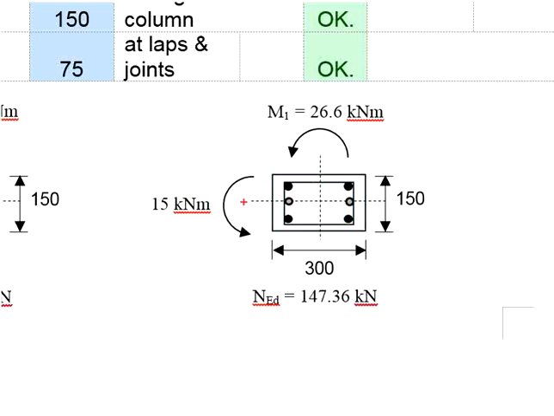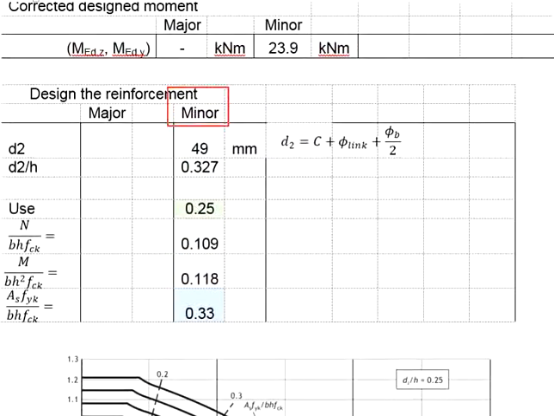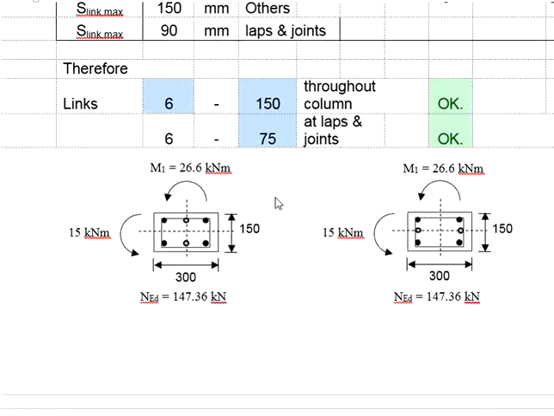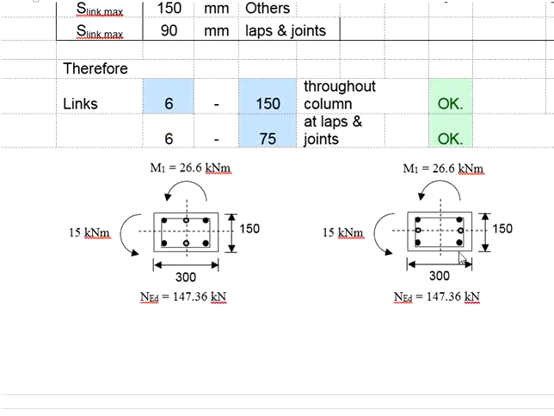But if we look at the minor axis, the equivalent amount of reinforcement bar will only be 4H12. That means this arrangement is not applicable for this case, since the amount of reinforcement bar is determined on the basis of the minor axis. Therefore, this arrangement of reinforcement bar should be applied.